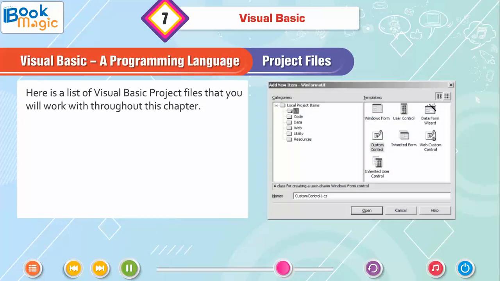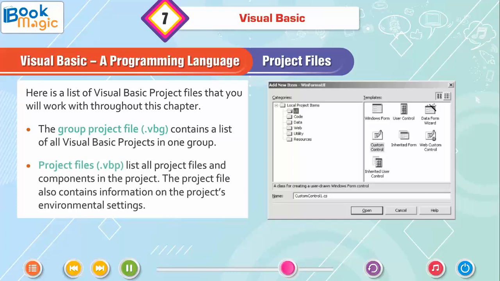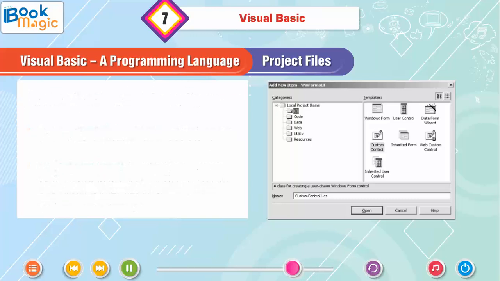Here is a list of Visual Basic project files that you will work with throughout this chapter. The group project file .vbg contains a list of all Visual Basic projects in one group. Project files .vbp list all project files and components in the project. The project file also contains information on the project's environmental settings.